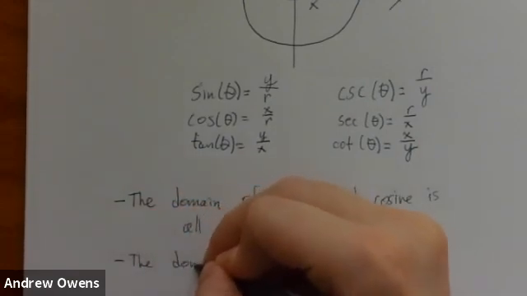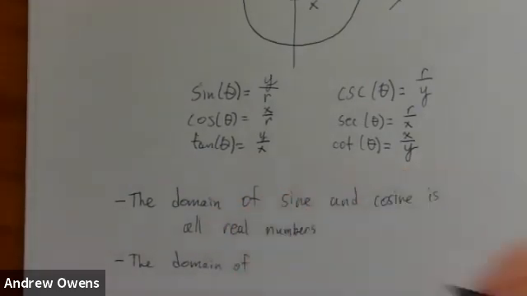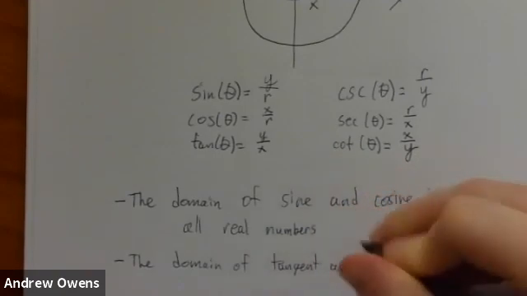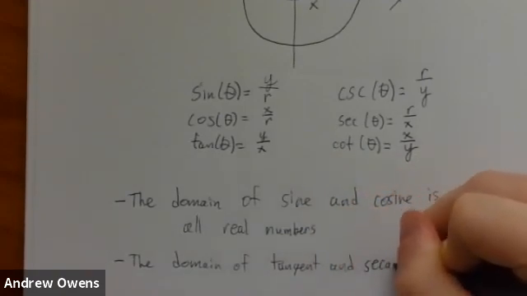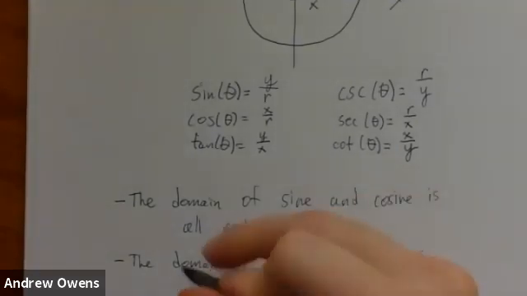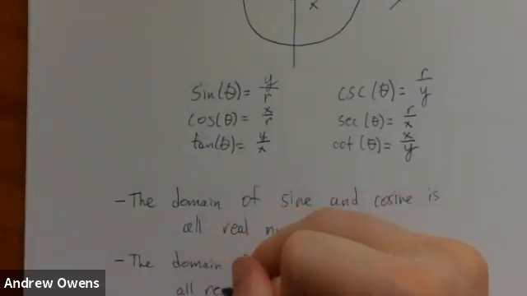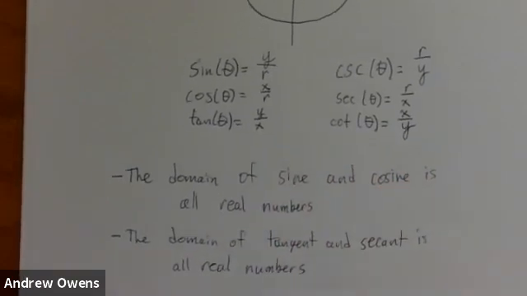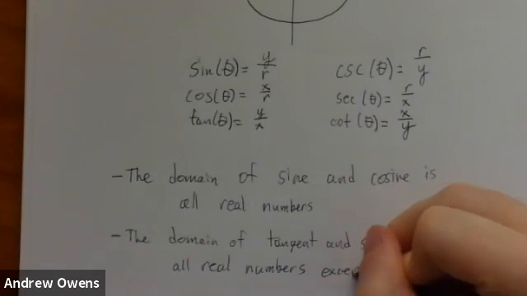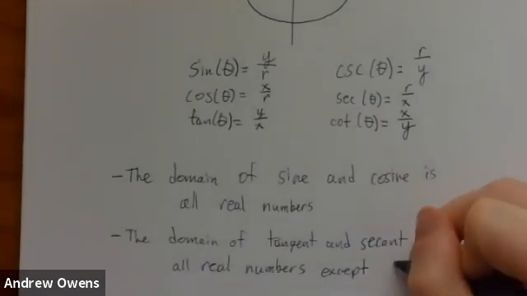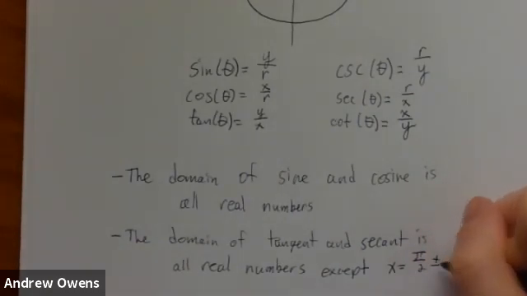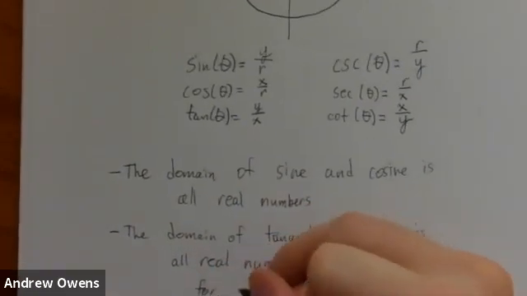The domain of tangent and secant is all real numbers except x equal to pi over 2 plus or minus pi n for all integers n.